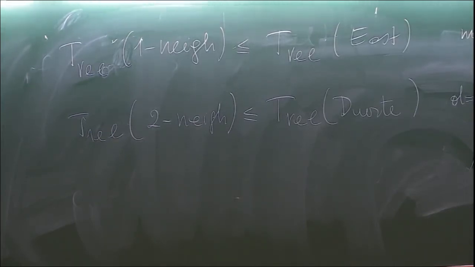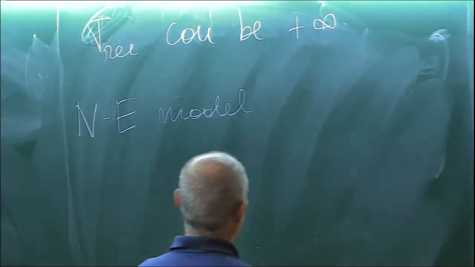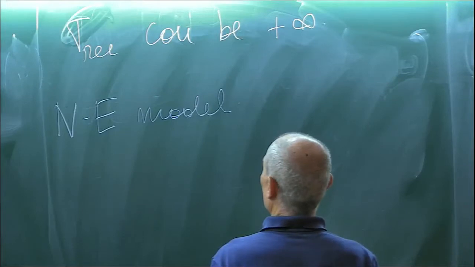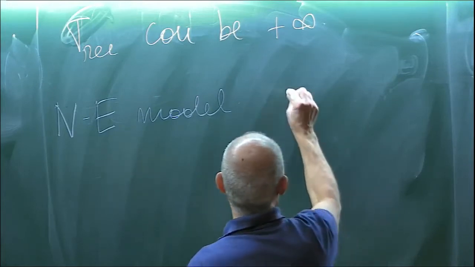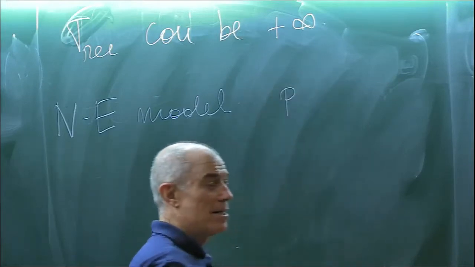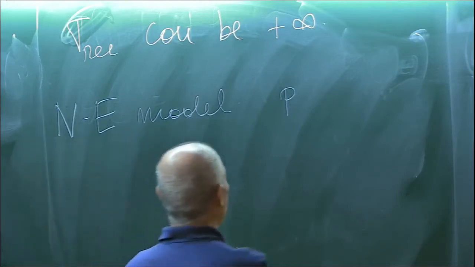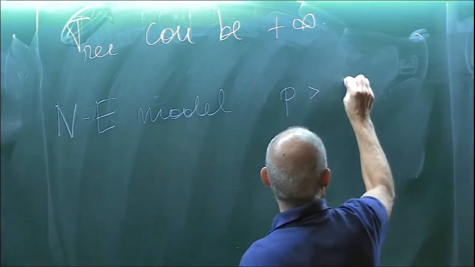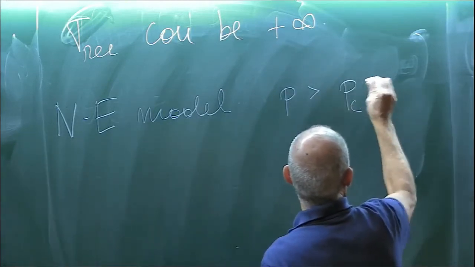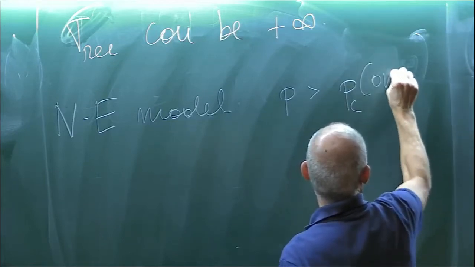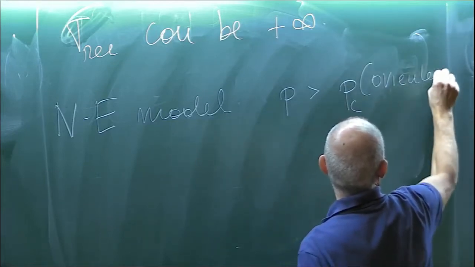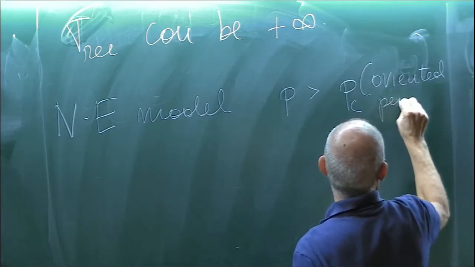Let us consider the northeast model, and suppose that the parameter p is bigger than the critical value for oriented percolation. I'll explain what that is.